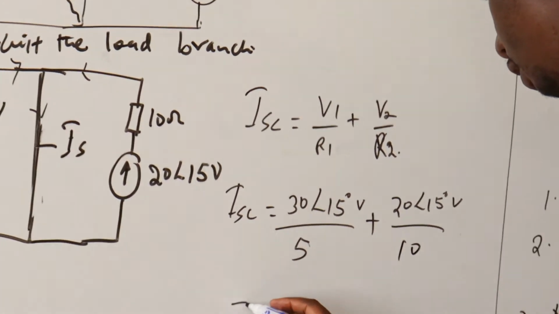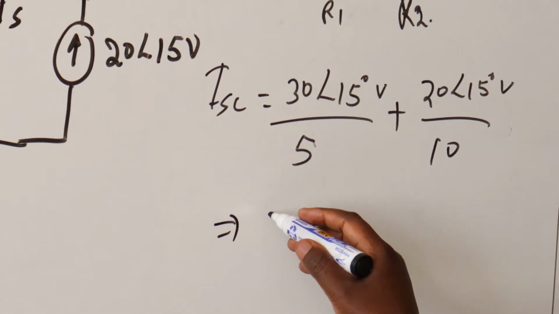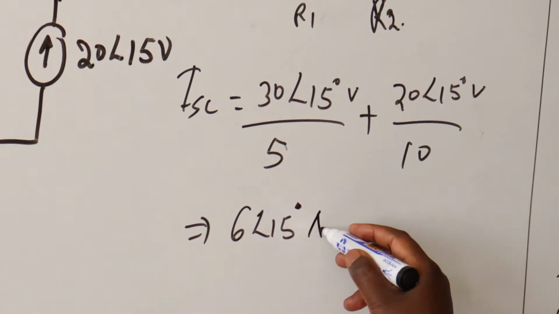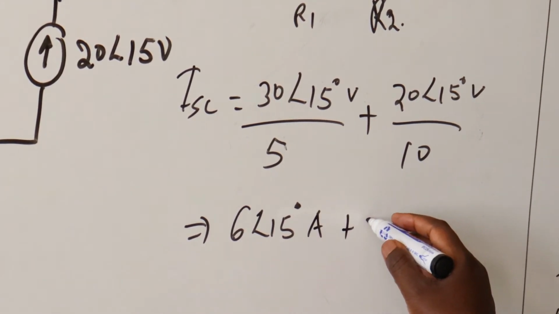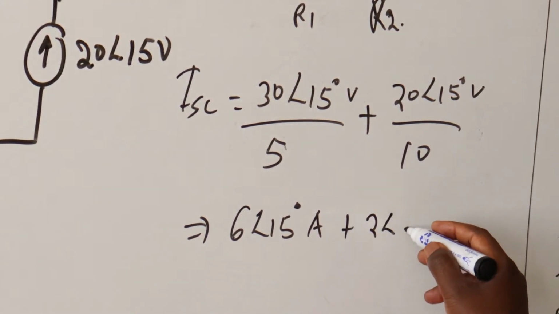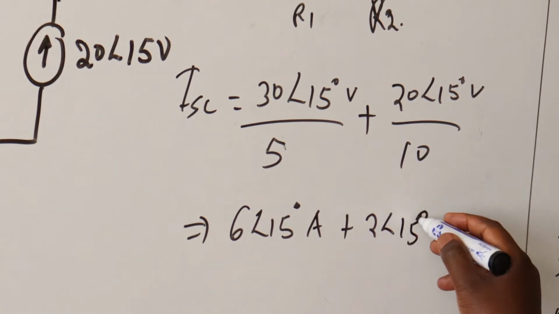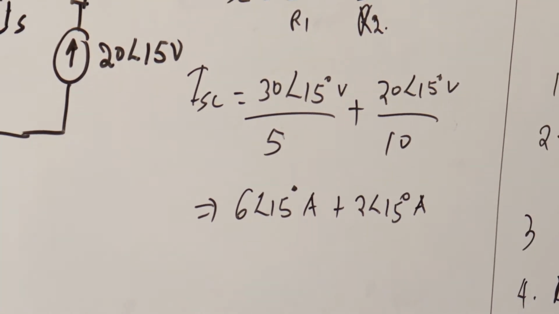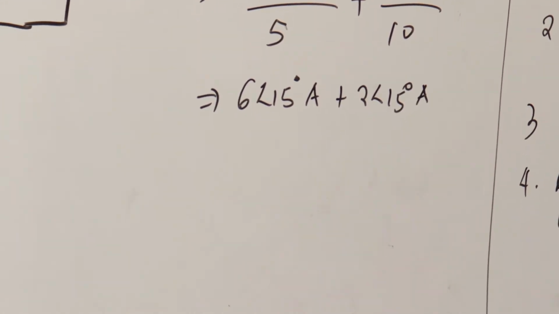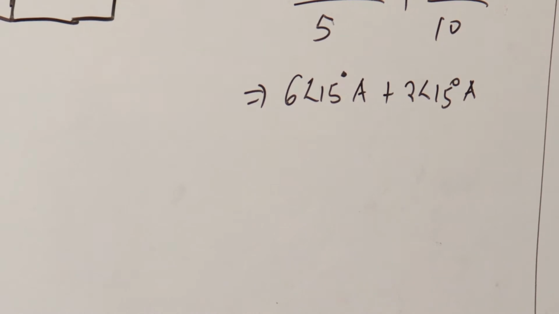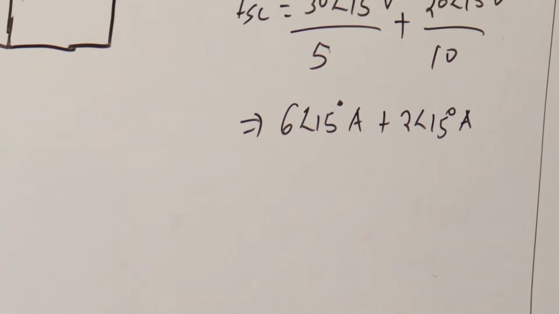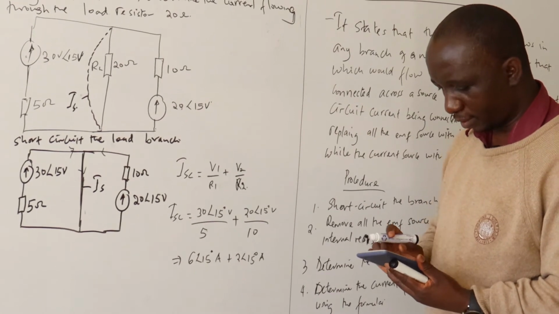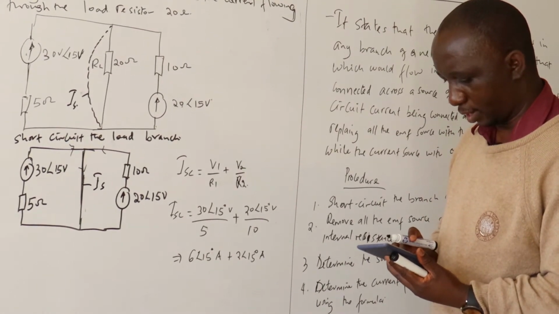When we divide this, we have 6 angle 15 degrees amps plus 2 angle 15 degrees amps. But all these are polar. You cannot add them, so you need to change them into rectangular form for us to be able to add them.